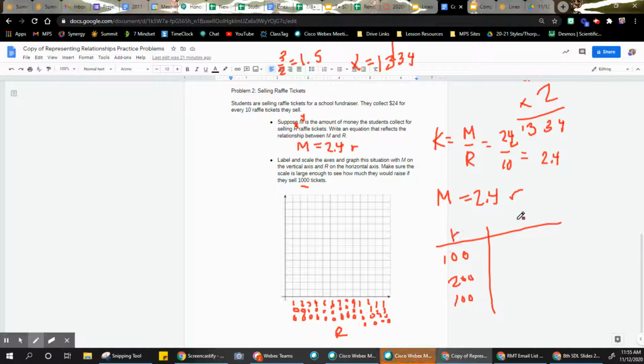This is my R, this is my M. So I have to plug in 100 for R, 200 for R, and 1,000 for R. So M equals 2.4 times 100. When I'm multiplying by 100, I'm moving the decimal place 2 points to the right. So that means M equals 240.